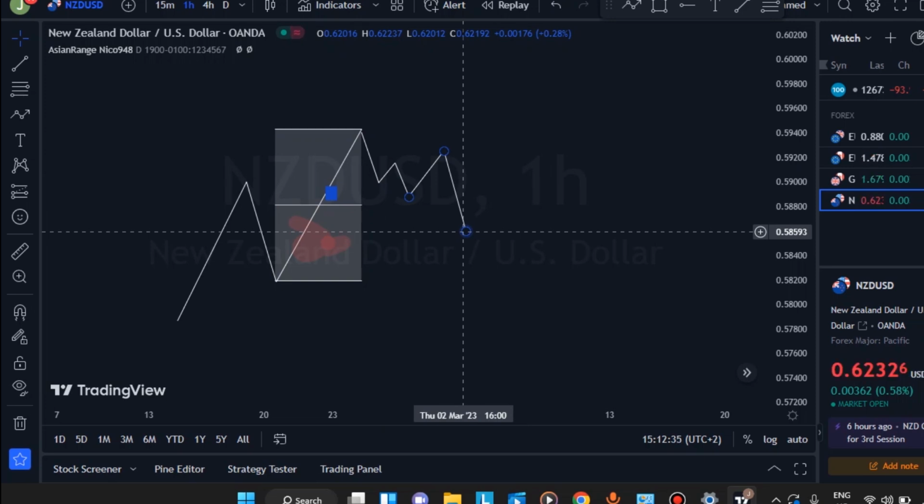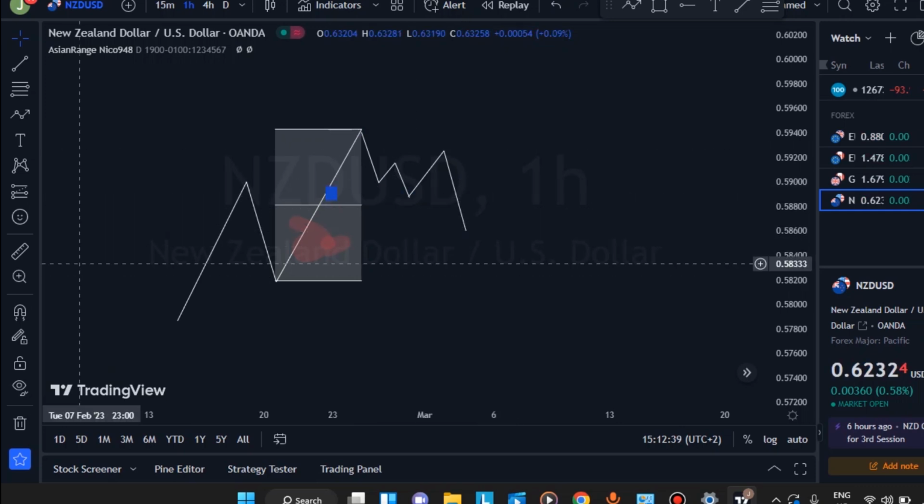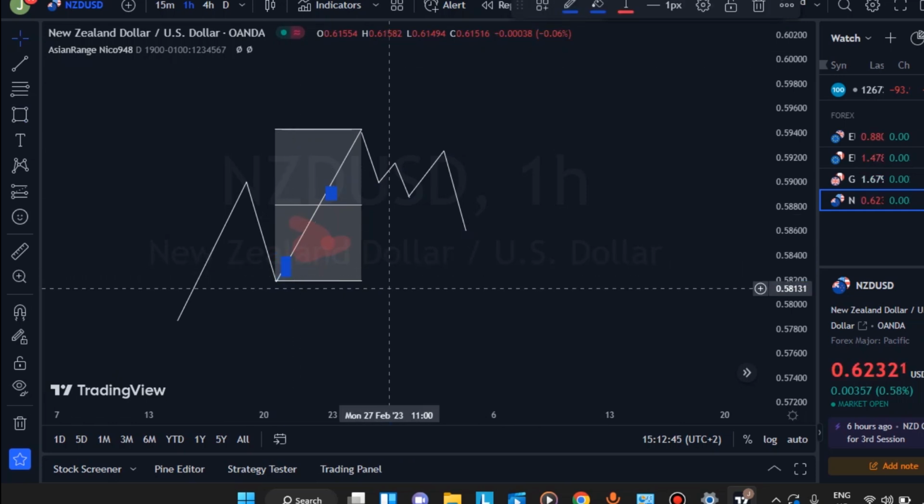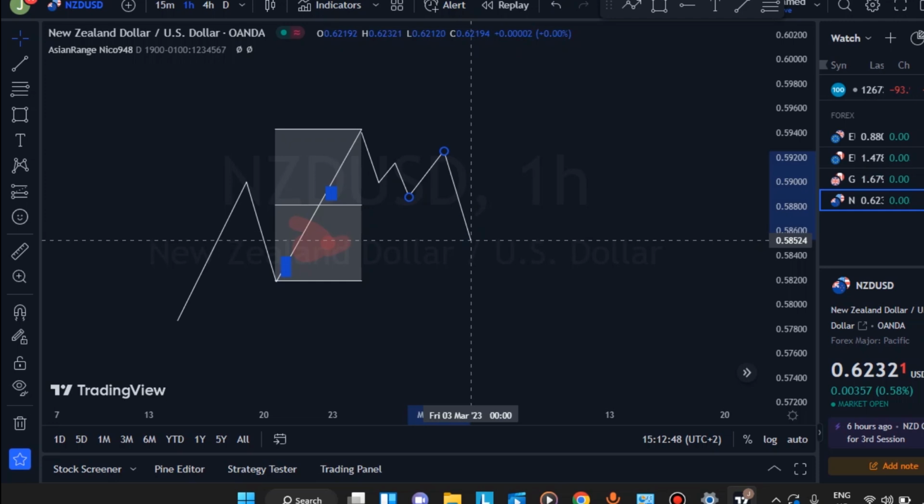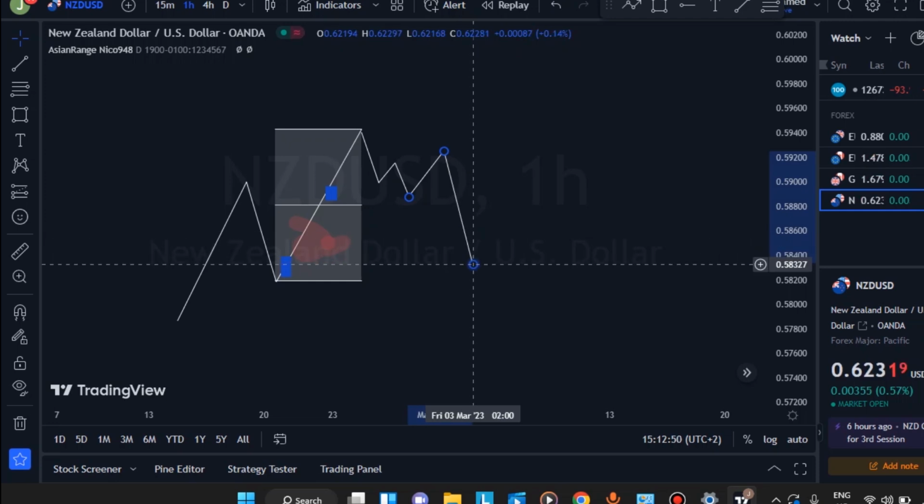So when the market mitigates their order blocks, it tends to come to a significant order block, which is maybe somewhere around here, and then the market will start pushing to the upside.